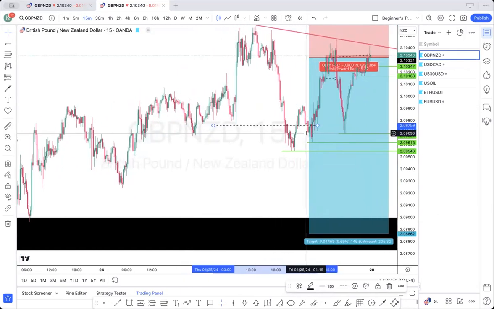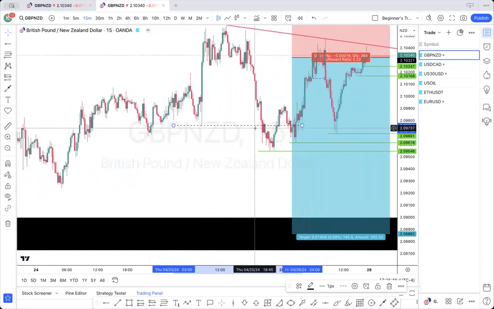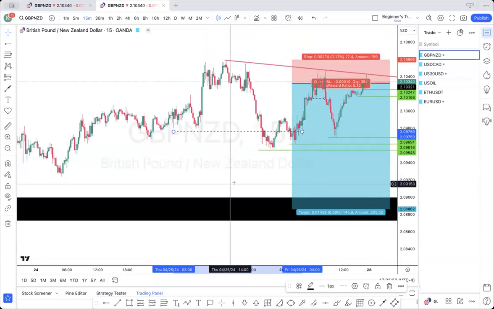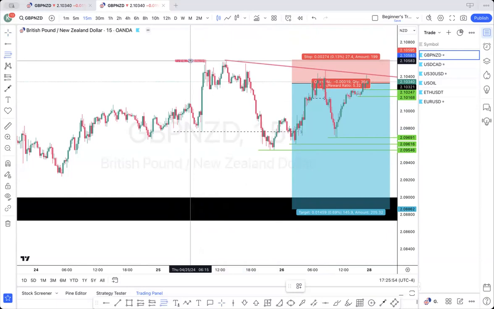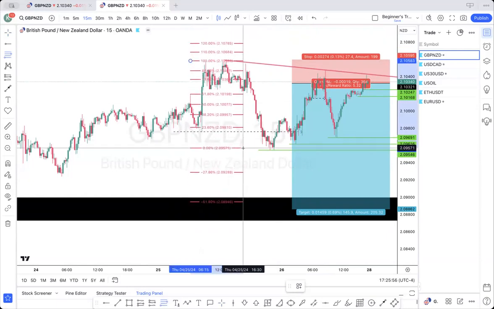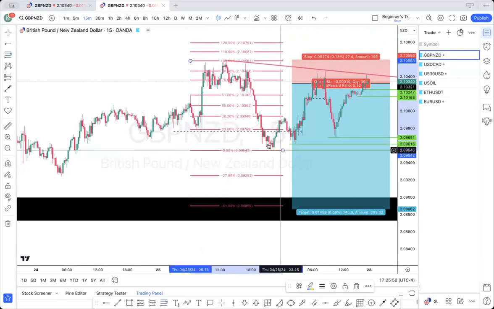So we know at that point, price is going to start pulling back, and if we fib the move, I think it came back to the 88 or 78, one of the two.